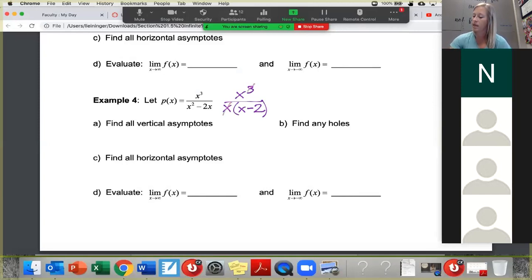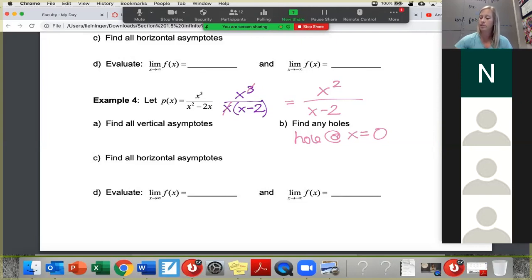What does that tell me? You have a hole. Where? It's 0, because you're just setting X equal to 0, right? So because I canceled 1 X, that means I have a hole at 0.